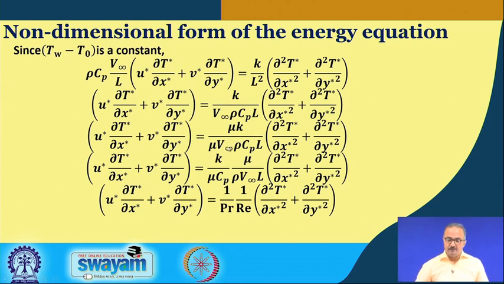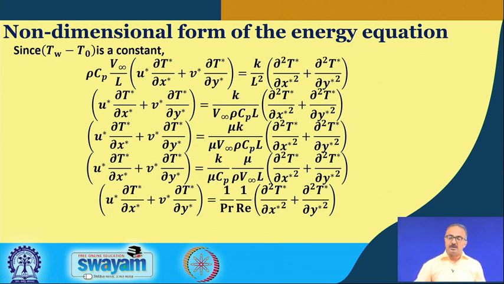Now if you look at these terms, we can break this term into two. One, k by μCp, is nothing but the inverse of the Prandtl number, and μ by ρV∞L is the inverse of the Reynolds number. So, we have these two numbers.